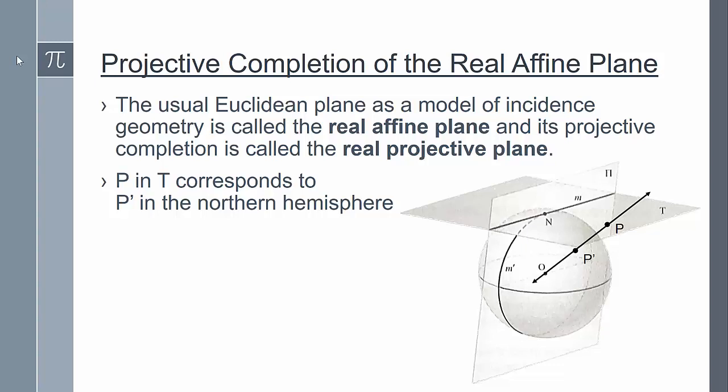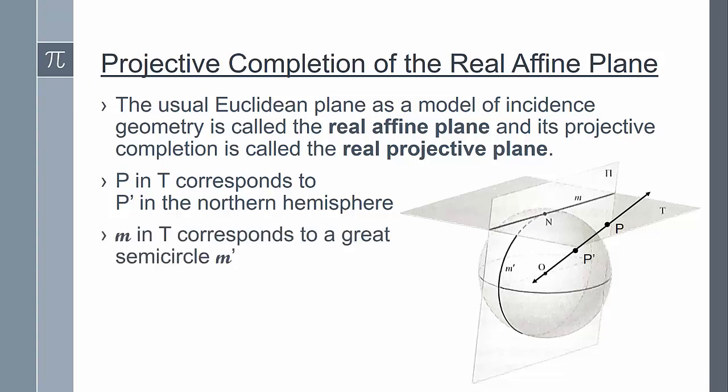We have a one-to-one correspondence between points in the Euclidean plane and points of the northern hemisphere. The point N will correspond to itself. Similarly, given any line M of T, we can join M to the center of the sphere O by a plane pi through O that cuts out a great circle on the sphere and a great semicircle, we're going to call this M prime, of the northern hemisphere. And this correspondence preserves incidence.